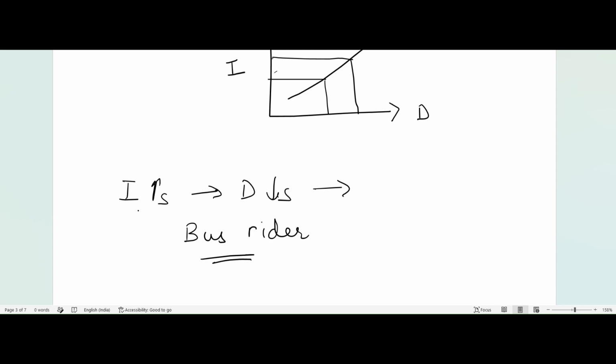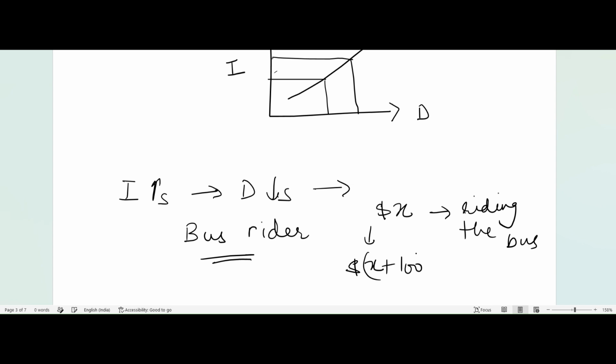Okay. But let's say my income was earlier X dollars, and so I was riding the bus. But let's say my income increases from X dollars to, let's say, X plus 100.